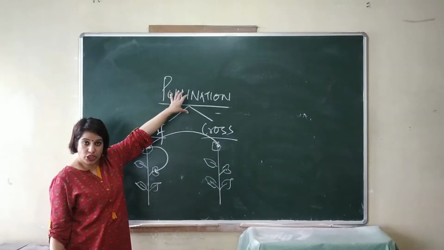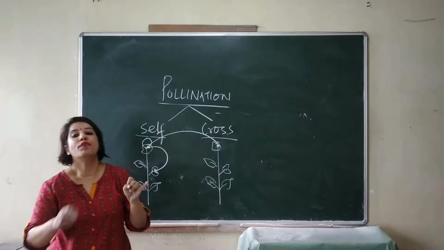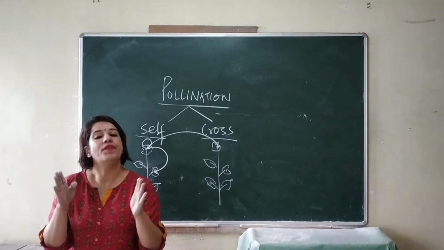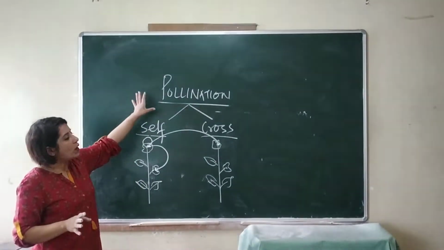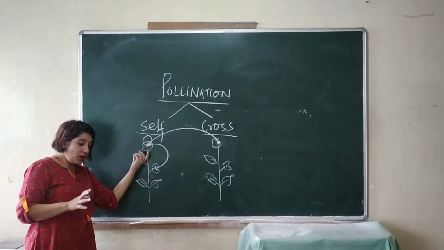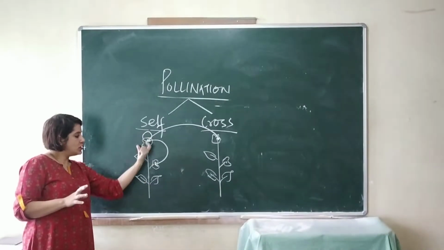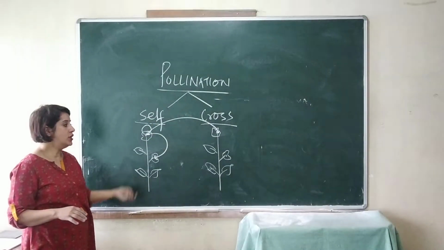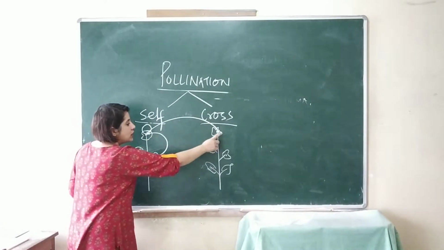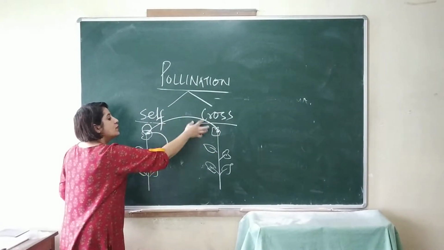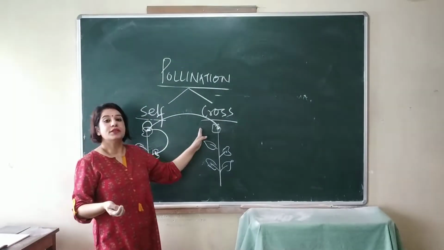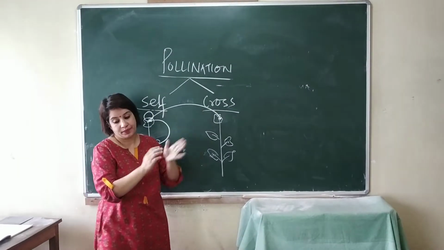So pollination is the transfer of pollen grains from the anther to the stigma of a flower. If pollination occurs in the same flower or different flowers of the same plant, we call it self-pollination. But if pollination occurs in flowers of different plants but of the same type, we call it cross-pollination.